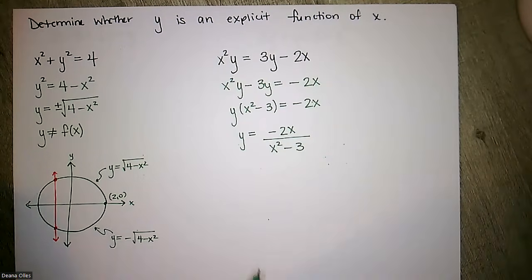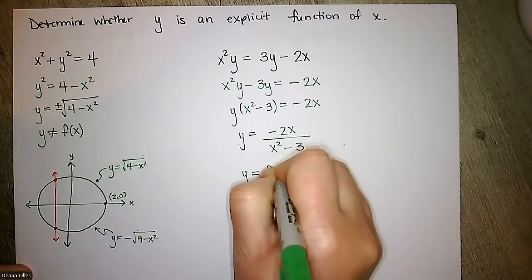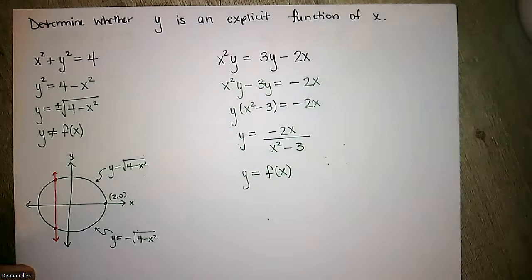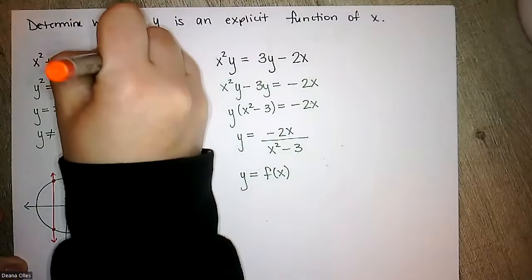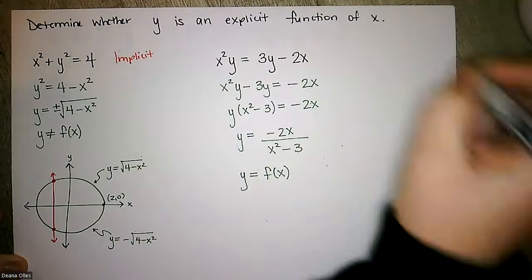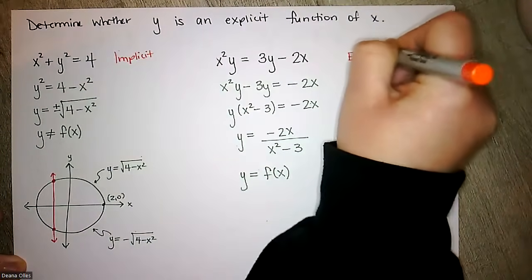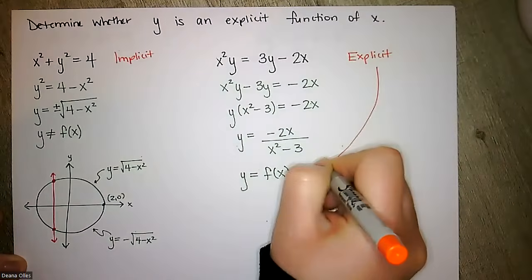Okay, so in this case, yes, y can be written explicitly as a function of x. Okay, so far we have, nope, this guy, the furthest I can go is implicit relationship. Here, yes, I can write y as an explicit function of x.